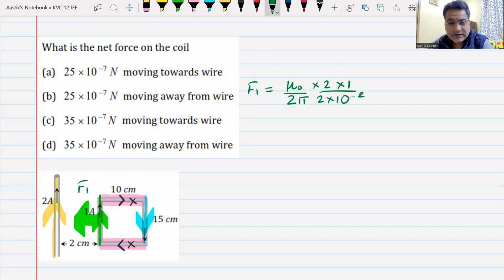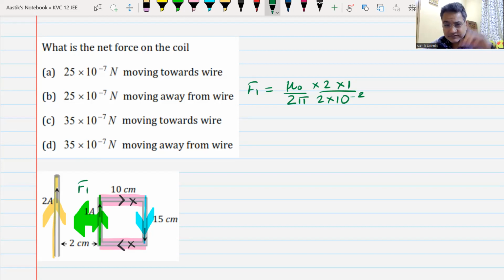That becomes the magnetic field, multiplied by the current in the second wire, 1 ampere. That becomes the force on the first wire, multiplied by the length.